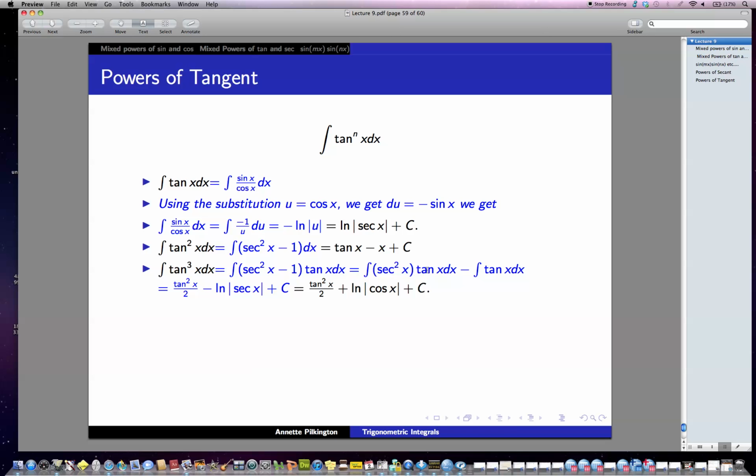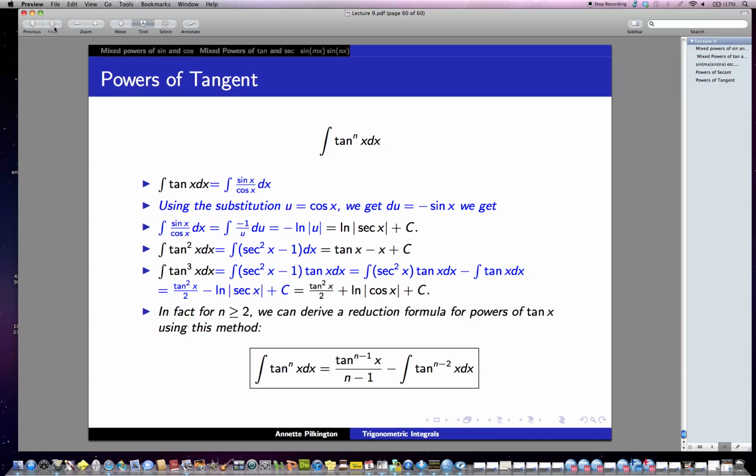So I get secant squared times tangent minus the integral of tangent, and that's relatively easy. We use the integral of tangent from above, and we make the substitution u equals tan x here to get tan squared over 2 minus the natural log of secant. And of course, remember, secant is 1 over cosine, so that's plus the natural log of cosine.